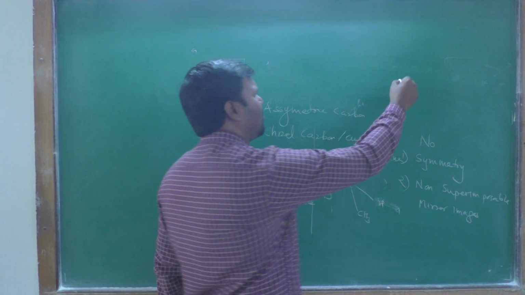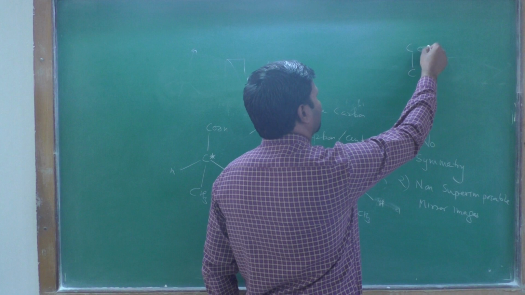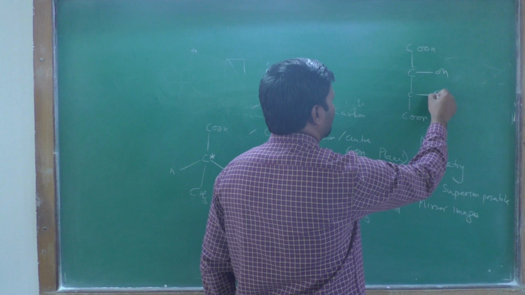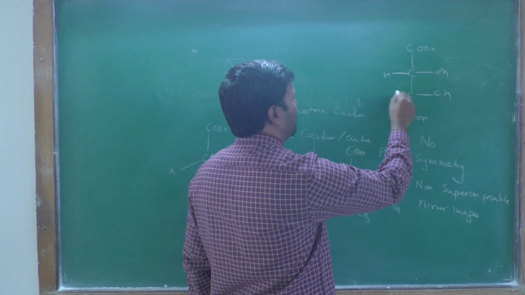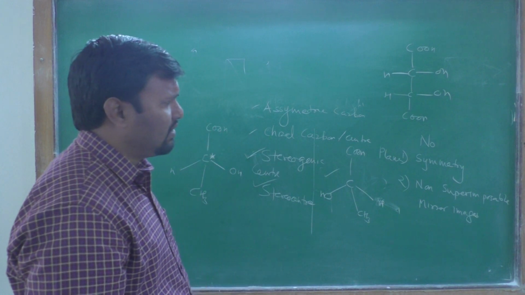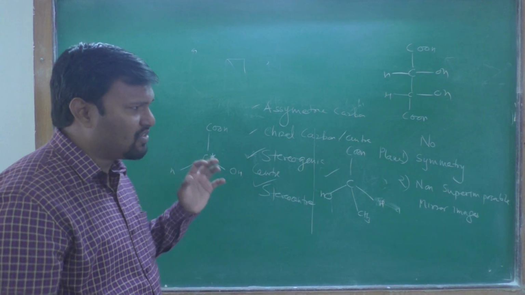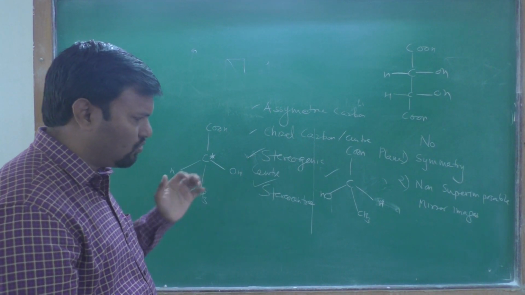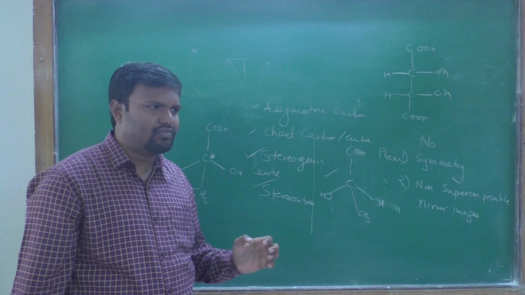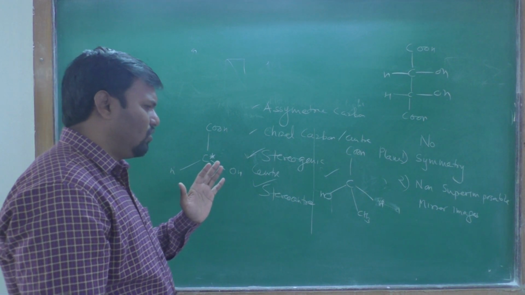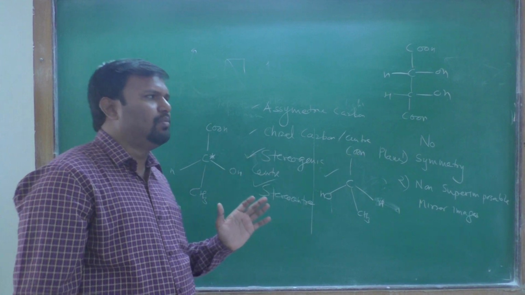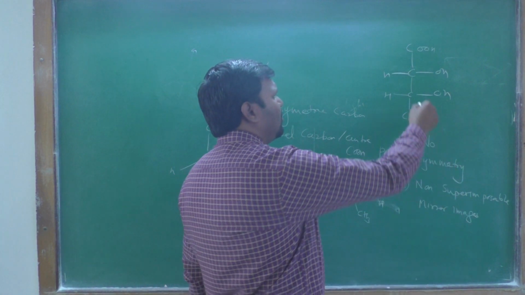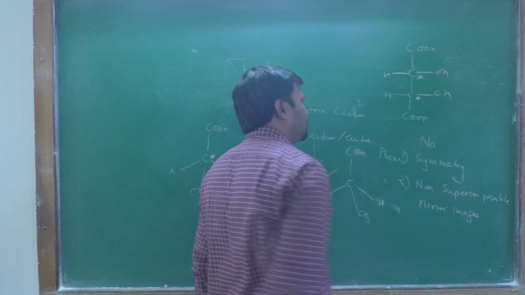We have the example of tartaric acid, which Louis Pasteur studied. When he studied the sodium salt of tartaric acid and passed plane polarized light through it, he found there was no rotation of plane polarized light, though this tartaric acid has two different stereo centers.